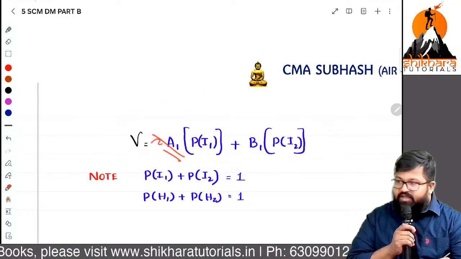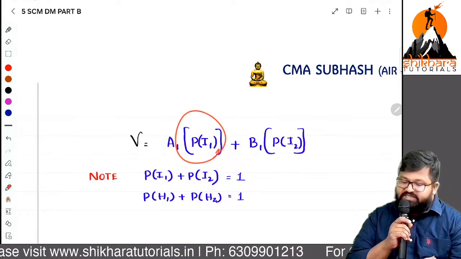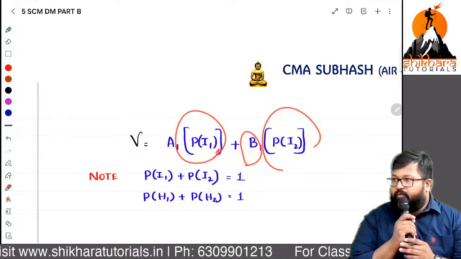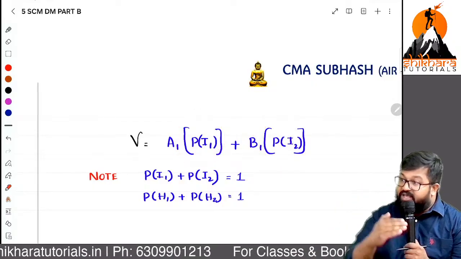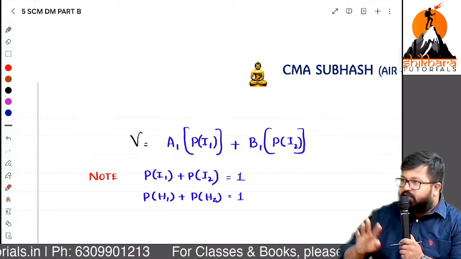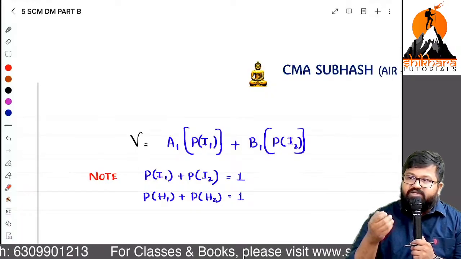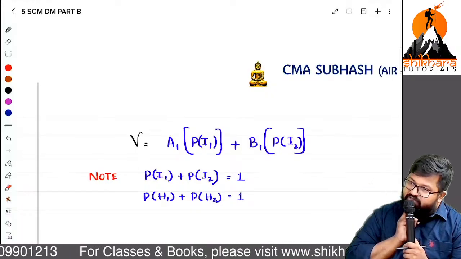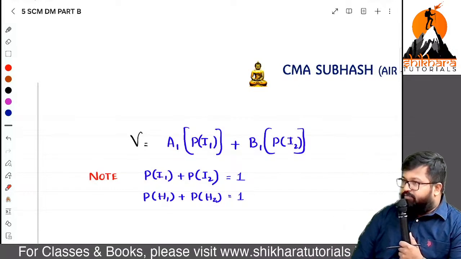The value of the game is the A1 element into its respective probability plus B1 into its probability. If you do not have the idea of the formula, write the answer, leave space there and frame the formula by yourself. There won't be an issue, but mentioning a formula will make our calculation very easy. Am I clear with this? Anyone having doubts regarding the odds method?